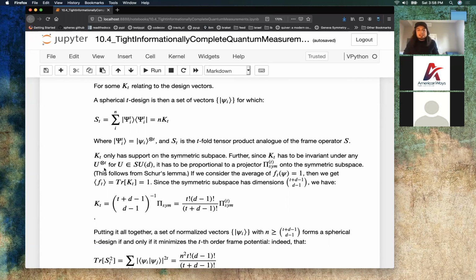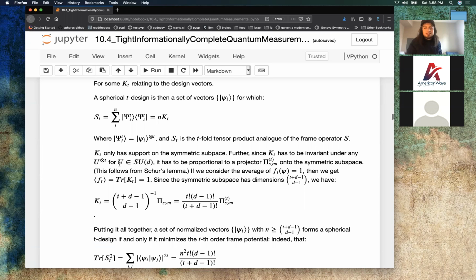And if we also consider permuting the different tensor pieces, obviously it would make no difference. And so you can invoke Schur's lemma to show that therefore this little K has to be proportional to a projector onto the symmetric subspace.